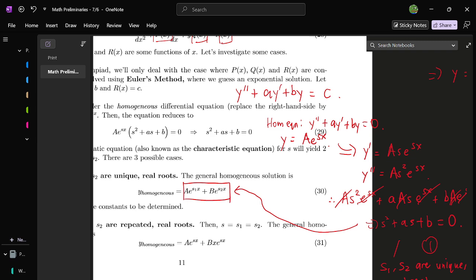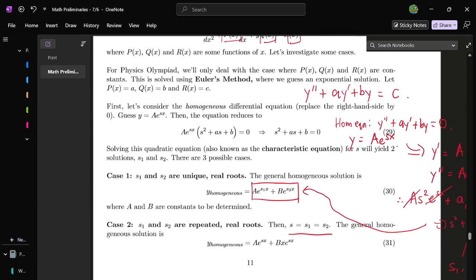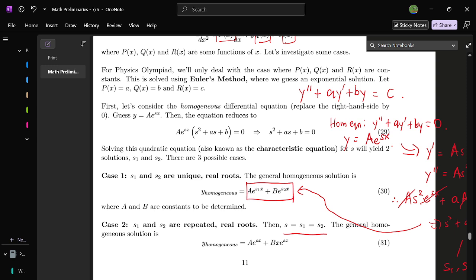In your second case, if your S1 and S2 are repeated roots, which means they're equal to each other, that's called S. The general homogeneous solution is slightly different. You see here that you have to multiply by an x. Now, this might seem a bit weird, like why are we randomly multiplying by an x?